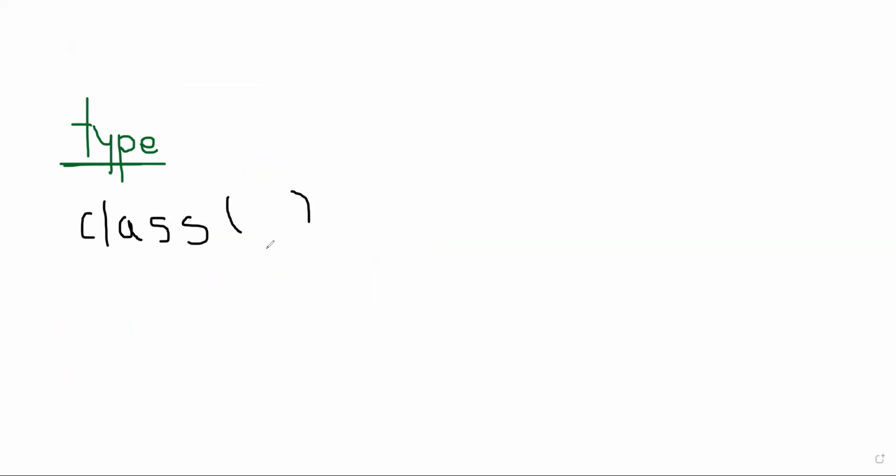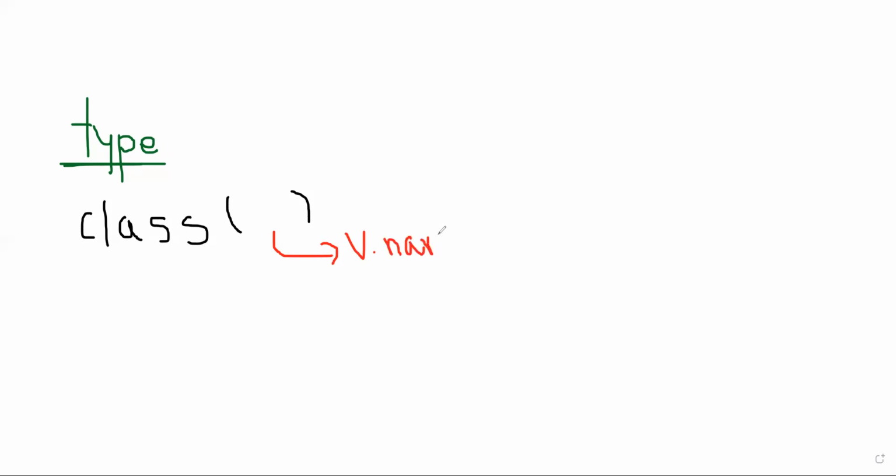Now if we want to find out the type of data in a particular variable, which command do we use? We use one command, that is the class command, or class function, in brackets. In the brackets we use the variable name.